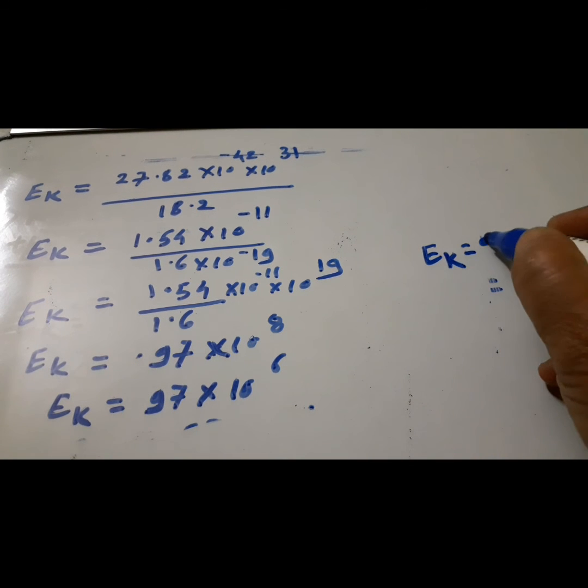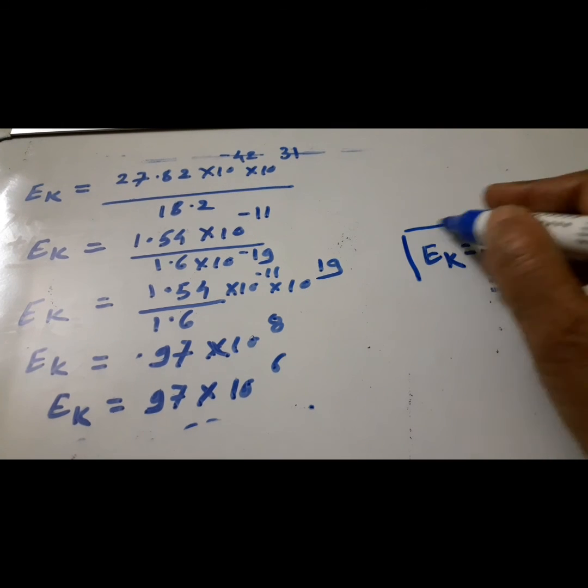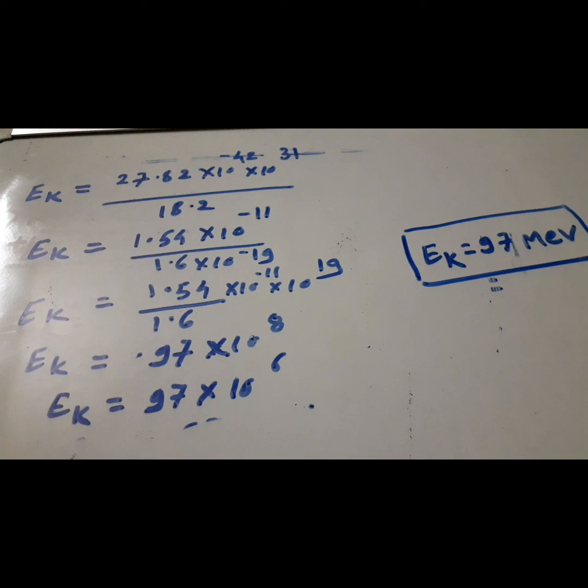Ek is equal to 97 mega electron volt, isn't it? Thus from this energy we can say that if the electron exists inside the nucleus, its energy must be of the order of 97 mega electron volt.